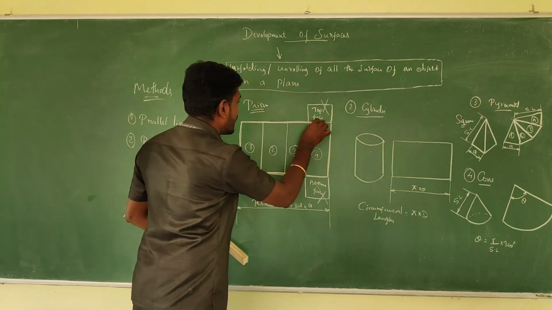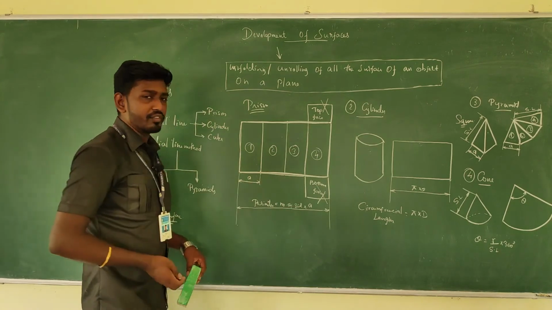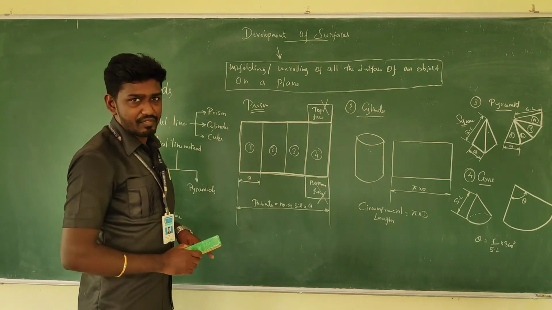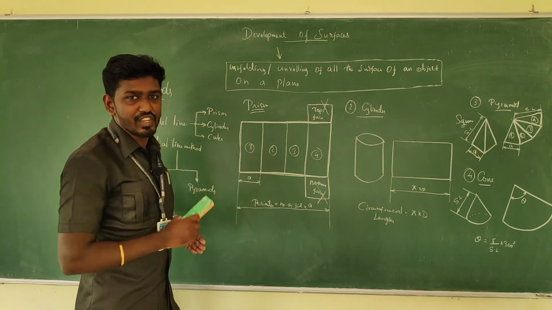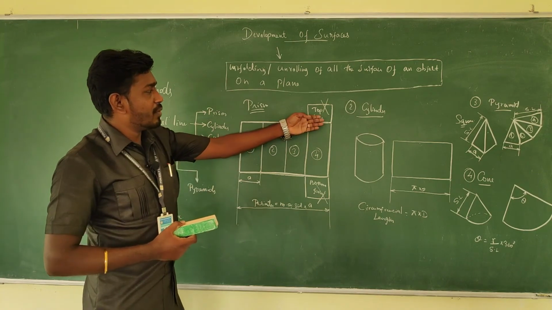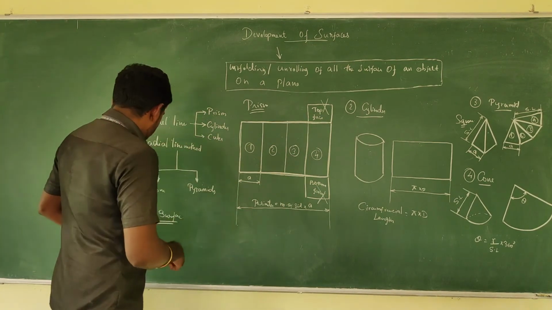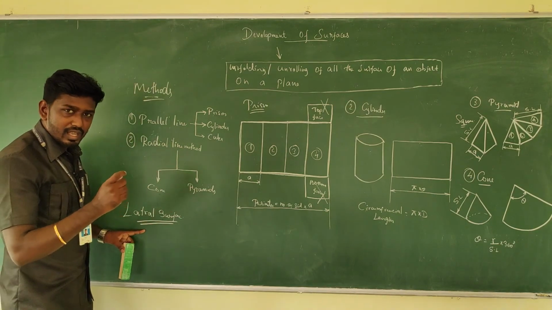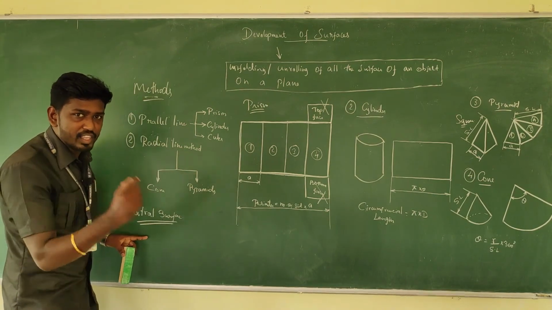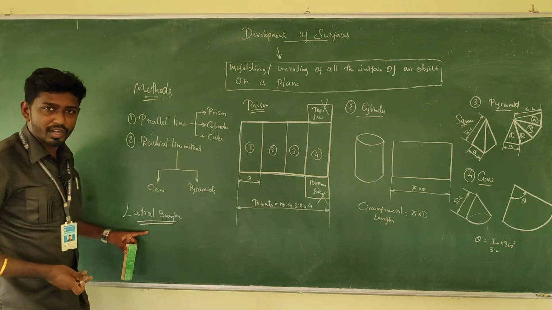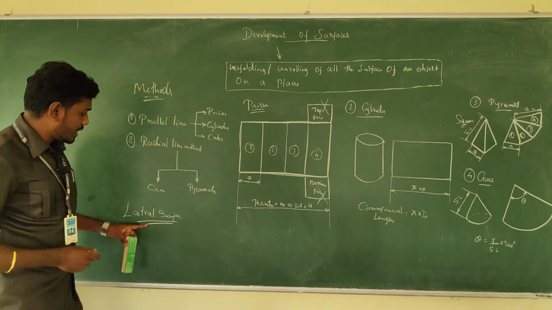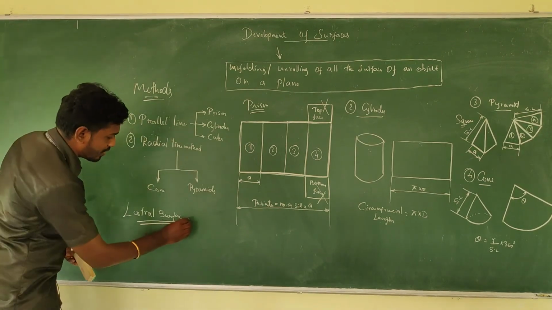Without considering the top face or bottom face, we call it lateral surface. In our syllabus, lateral surface development is there, so we will be neglecting the top face and bottom face.